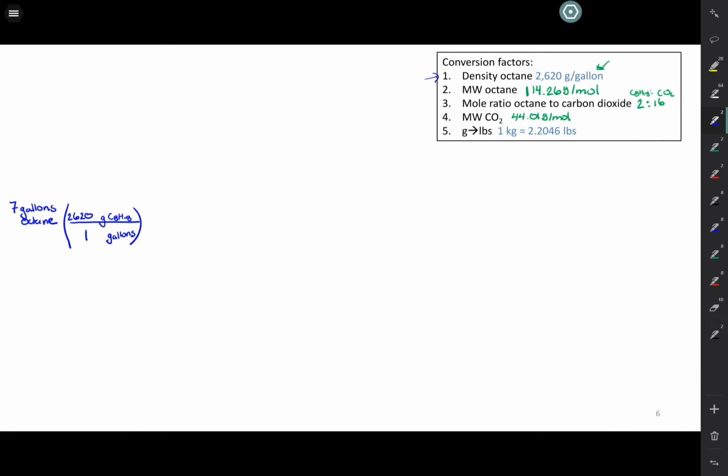Again, one of the most common errors that I see is those being swapped. The next step is using the molecular weight of octane to get to moles of octane. So we're going to put grams of octane on the bottom and moles of octane on the top, and we know that's 114.26 grams per mole.